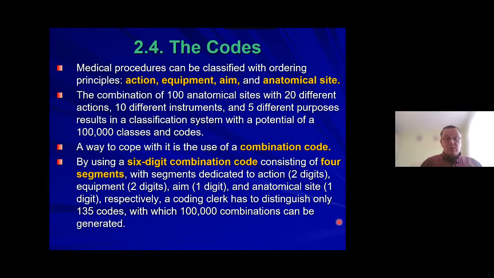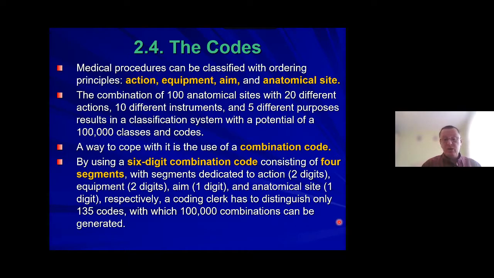If we go back to the process of encoding medical procedures, they can be classified within principles like action, equipment, aim, and anatomical sites. In combination, for example, consider 100 anatomical sites, 20 different actions, 10 different instruments, and 5 different purposes, which results in a classification system with the potential of 100,000 classes and codes. So it is a huge number and hard to handle if you want to use only unique values. A way to cope with it is the use of a combination code.